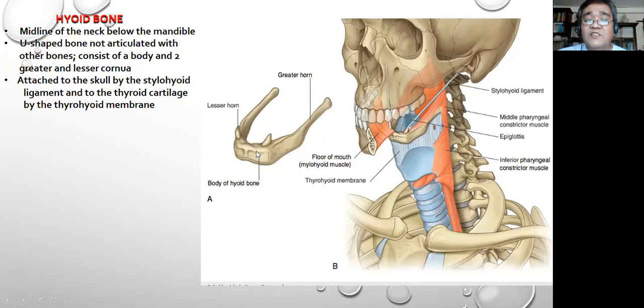Now, what is the function of this bone, hyoid bone? Well, aside from serving as the attachment for the different muscles of the neck, it is believed that this bone also aids in keeping the larynx open, or in keeping the airway open. Okay.